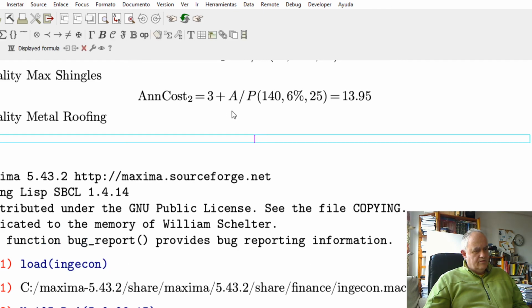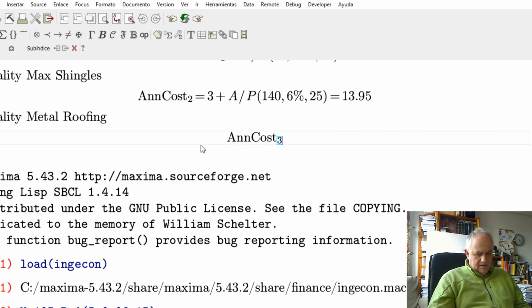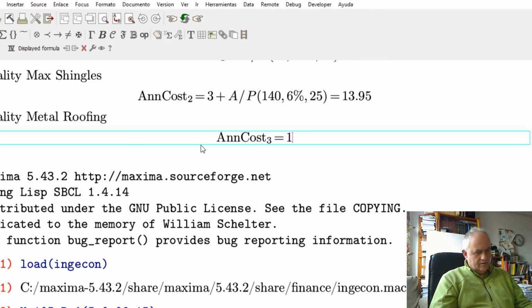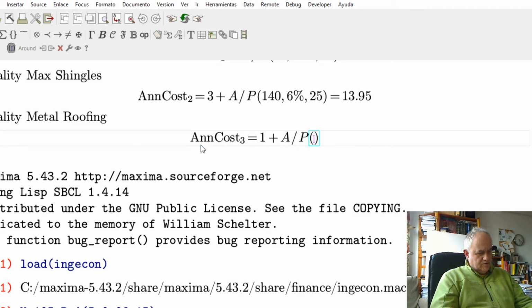Just come here and cost, so 3 is equal to 1 got value for upper annuity, and then the annuity corresponding to 204, I think, of 0.06 during 50 years.